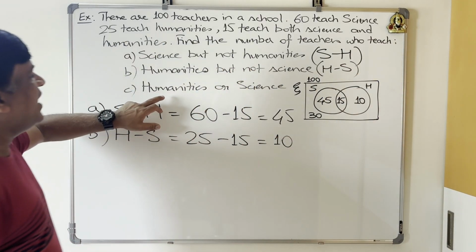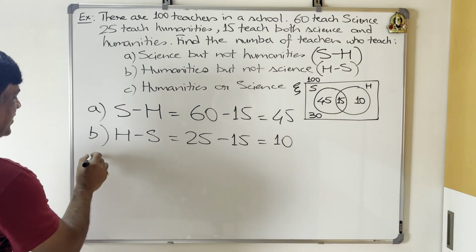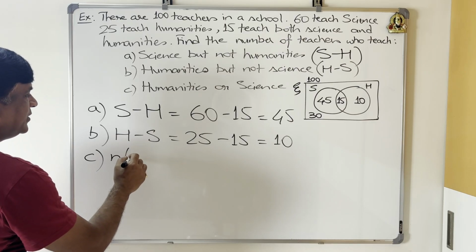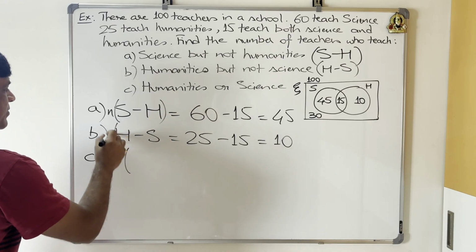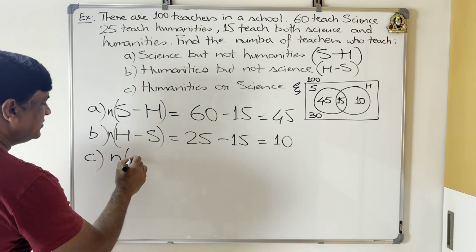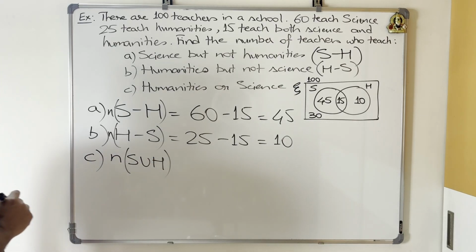Now they are asking you to find humanities or science. How do you get it? Humanities or science means n of S union H, which I denote by the cardinal number.